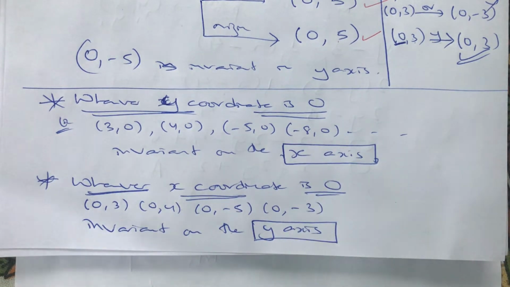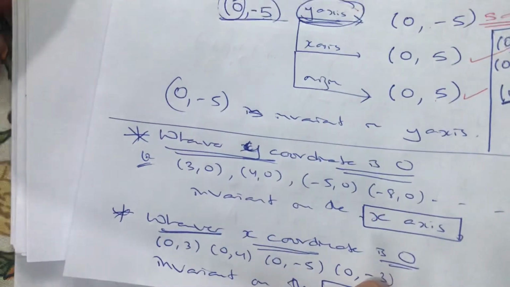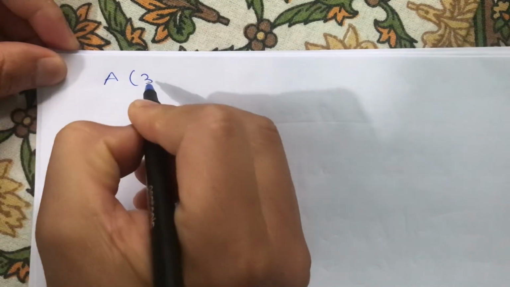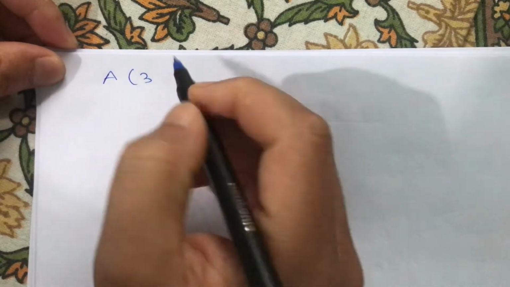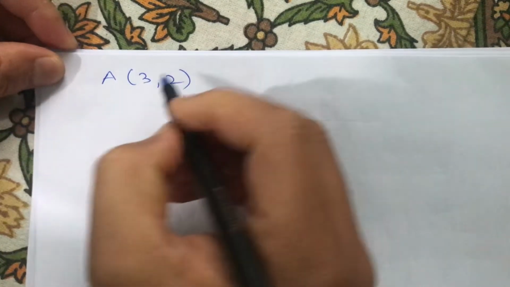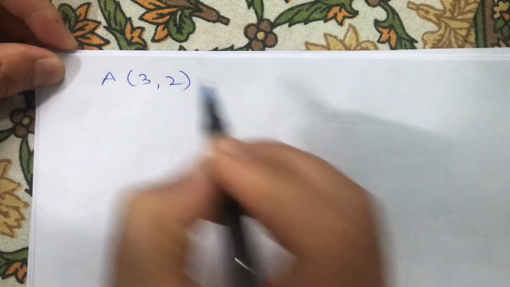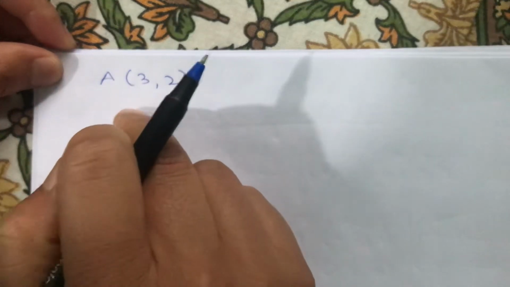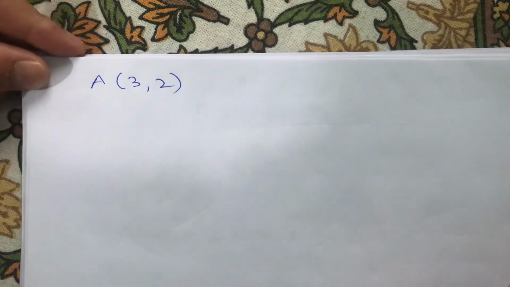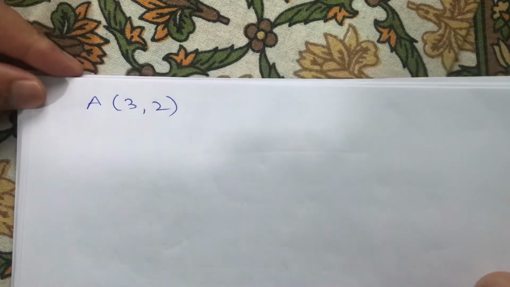Okay, but at times you may get certain points where x is not 0 as well as y not 0, like let's say 3 comma 2. So this has neither x nor y 0. If I get certain points like this, then how do I know where it will be invariant?